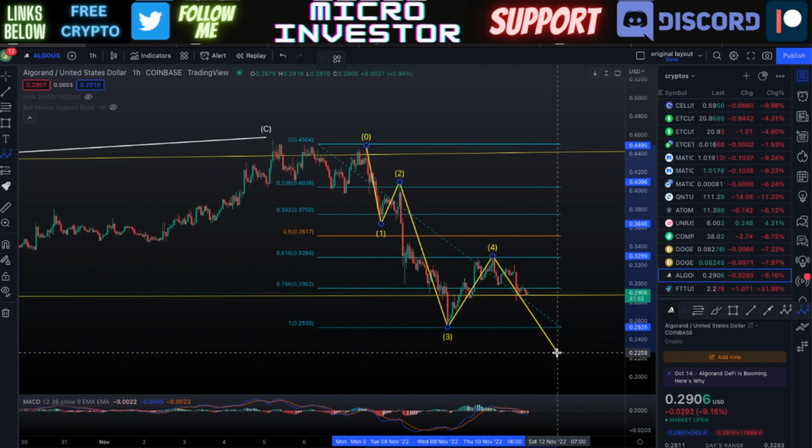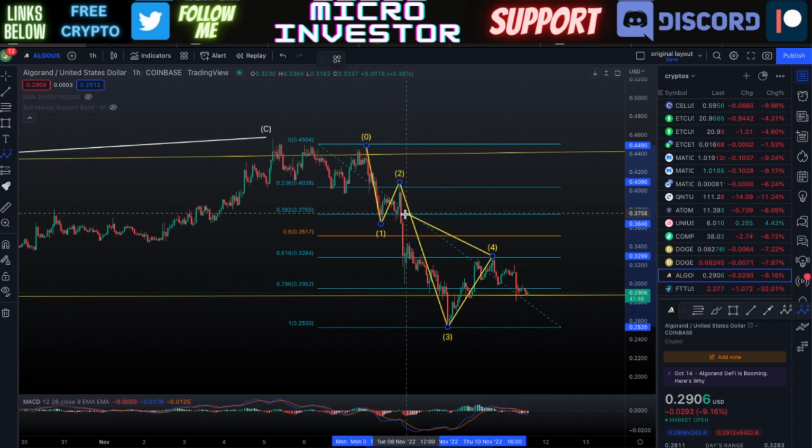So where would this wave five go? The easiest thing is always to look at our wave one in this case, and look at the distance within this. So we can see that our wave one had completed at a price of around 36.5 cents, and it had started at a price of around 45 cents. So about 9 cents. The wave five in this case is starting out at a price close to 33 cents.